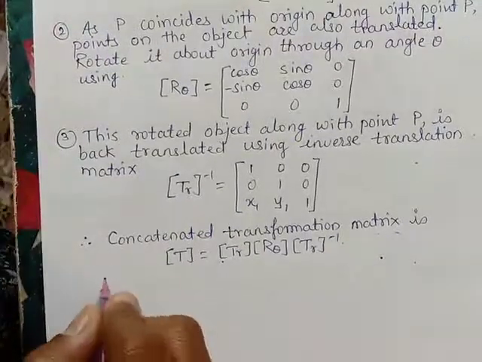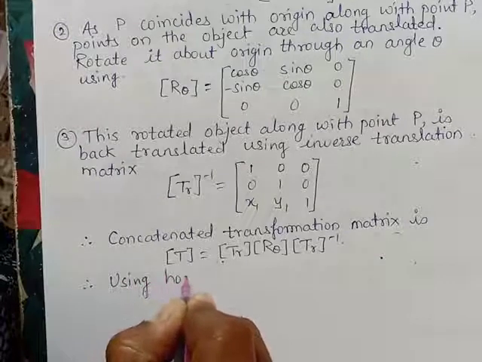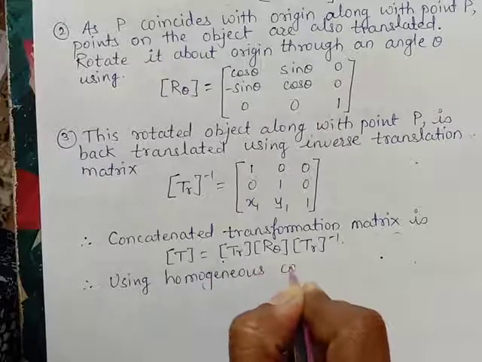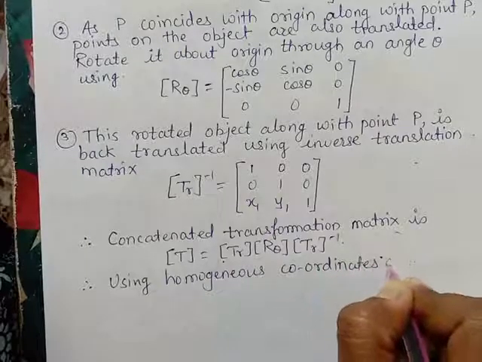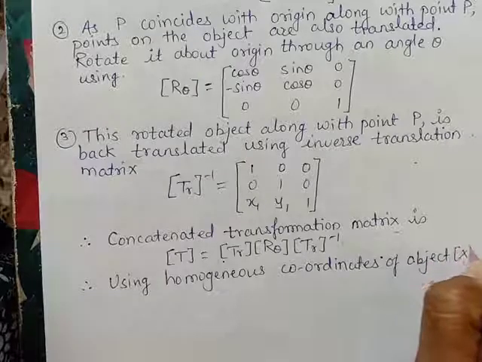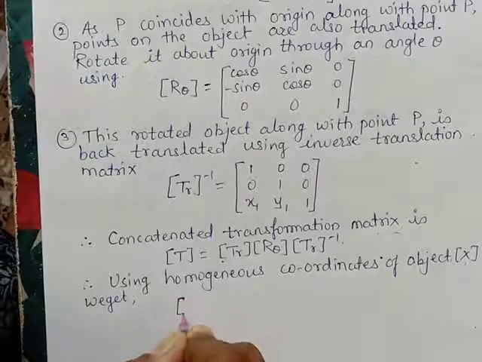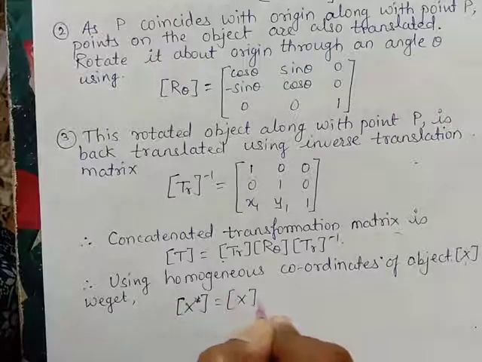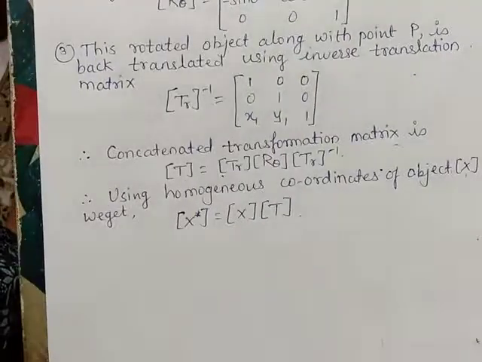Using homogeneous coordinates of object X, we get X star equal to X into T. This is the algorithm. Now let's see an example on this.